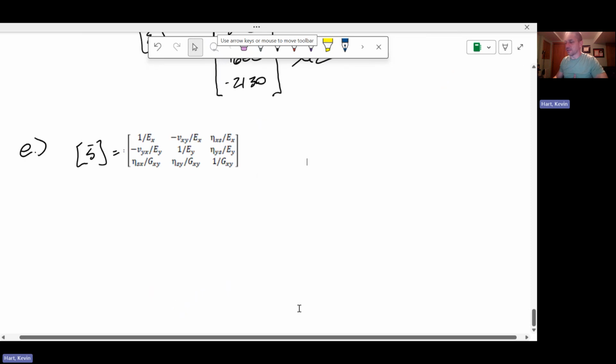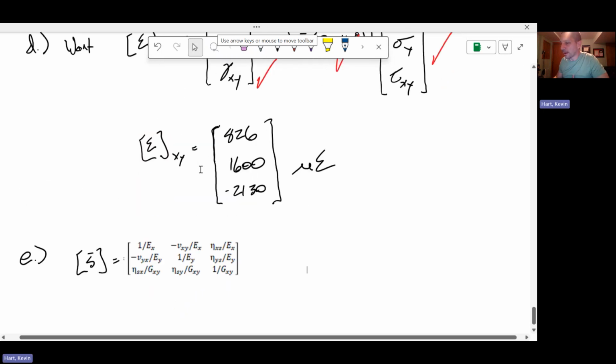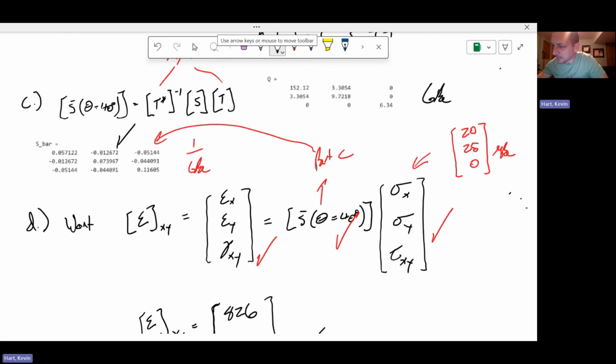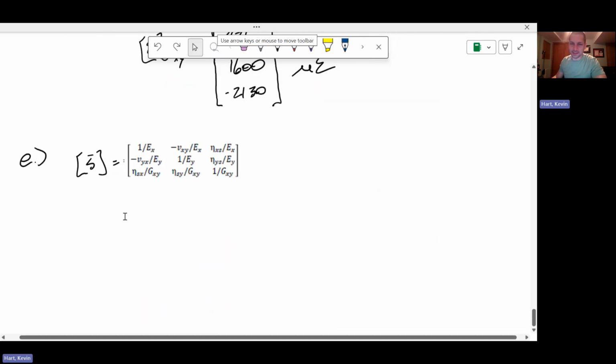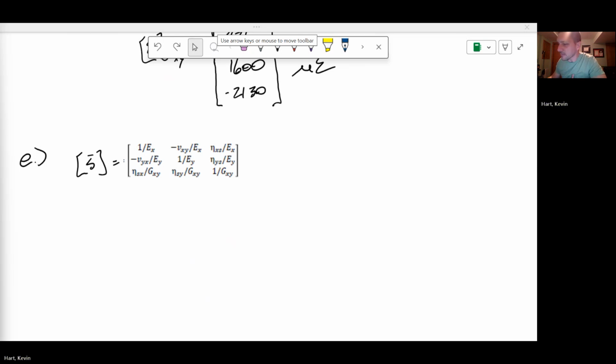This is the S bar matrix, all right? We know what S bar is. Again, we calculated it up here in part C, so we know what S bar is. We know what the values are that live in this particular entry. So what it's asking us to do is calculate eta xs and eta ys. All right, so it wants us to calculate eta xs, which is here, and eta ys, which is here.